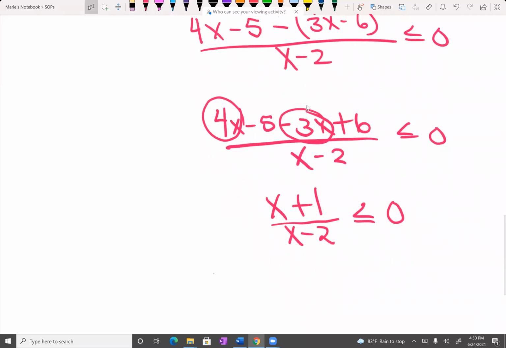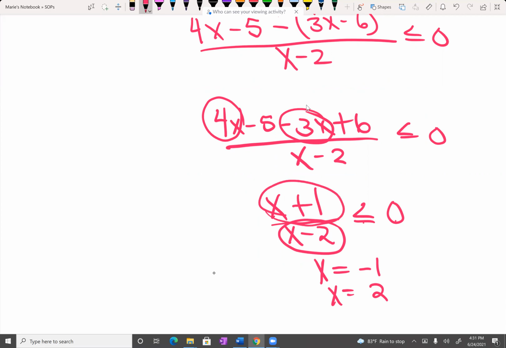So if I think about it in terms of the numerator, x equals negative 1 and x equals positive 2 are boundary points, because this can never be 0, so that can never be 2. And for this to be equal to 0, this would have to be negative 1.